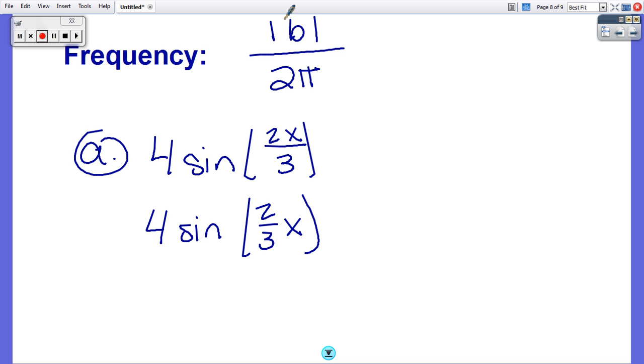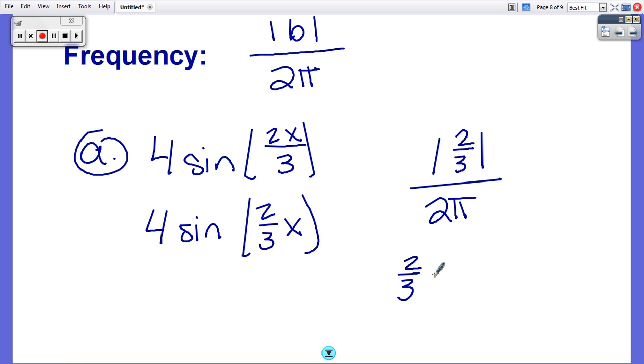And frequency is the opposite of b, the absolute value of b divided by 2 pi. So the absolute value of 2/3 divided by 2 pi. Again, a fraction and a fraction, so I'm going to do 2/3 times the reciprocal here. This is really over 1, so 1 over 2 pi.